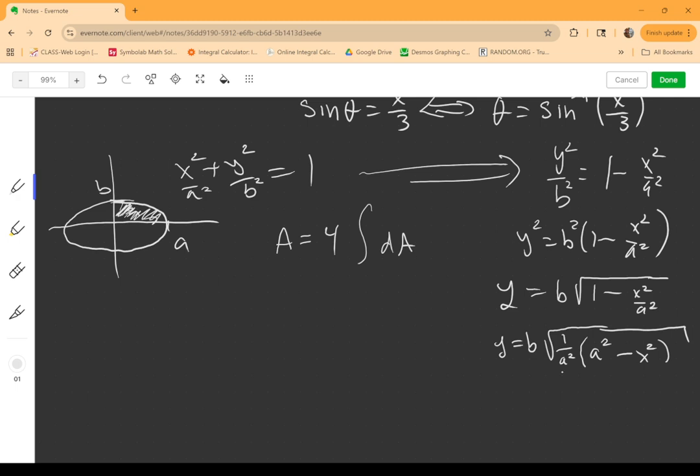Notice that if you do distribute, you get back your original expression, which is what we want. I don't want to change it, just do a little bit of factoring here. And then taking the root, 1 over a squared is 1 over a outside the root.